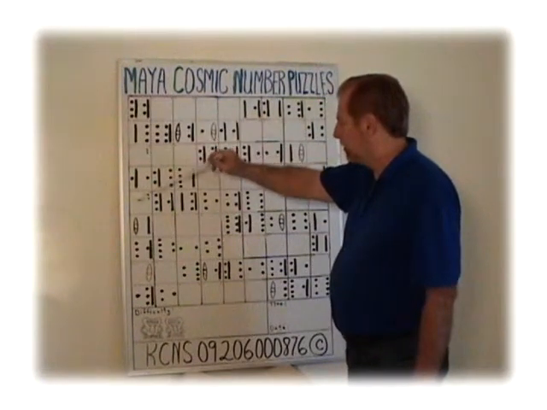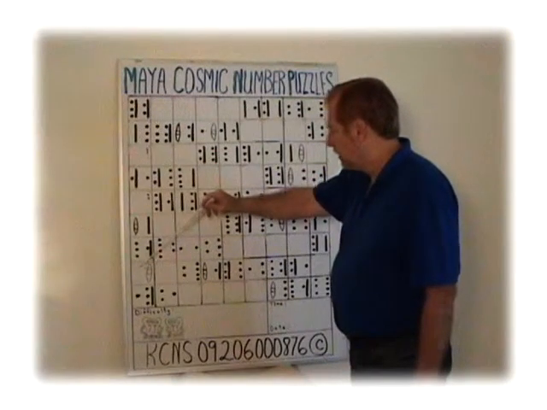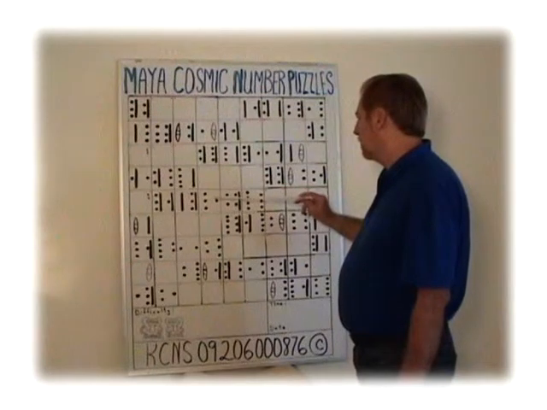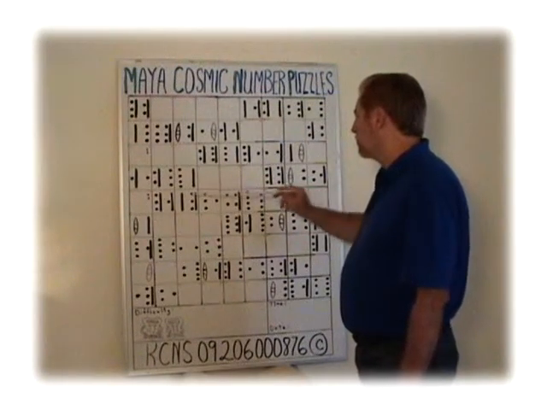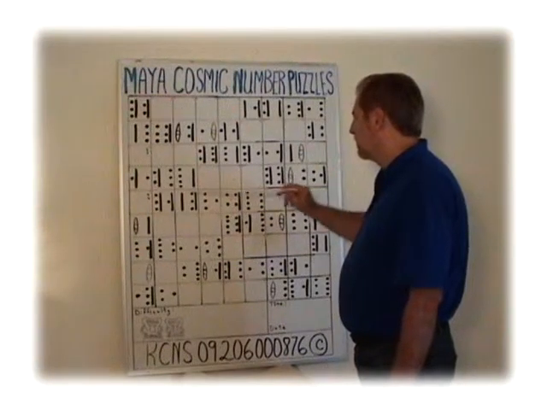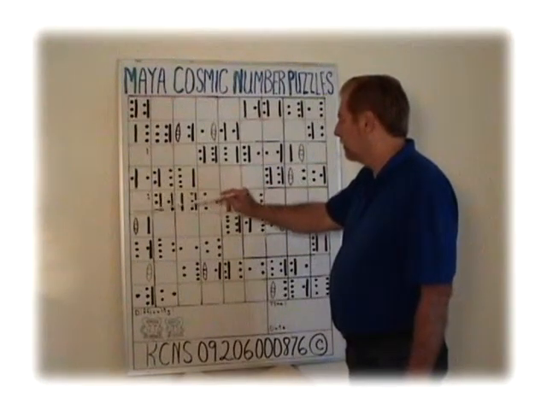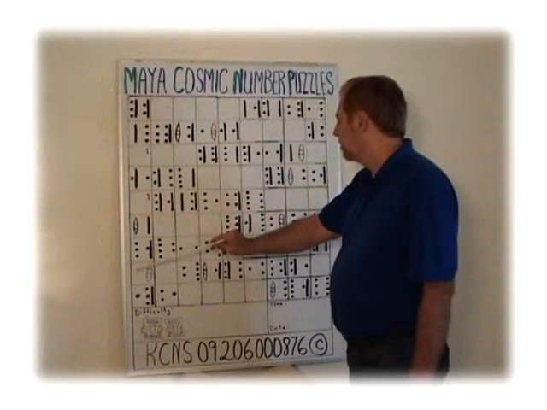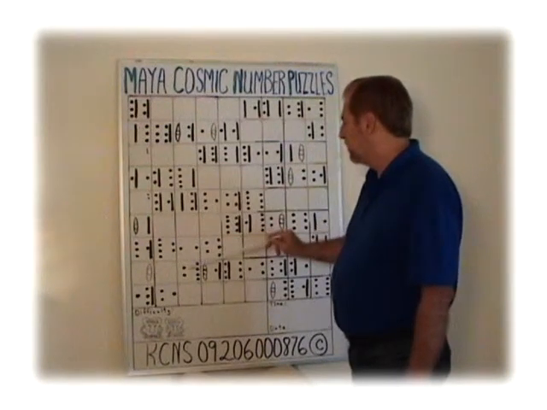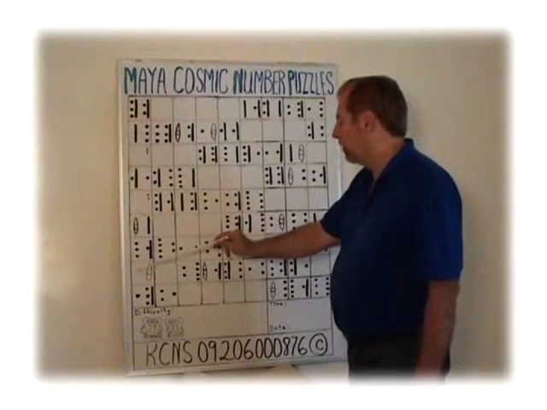It has to go here or here. When we look across this row, we see that we have a 2 here. So a 2 cannot go here. It must go in this position or this position. Since we have a 2 in this position, that means only the 4 could go here.